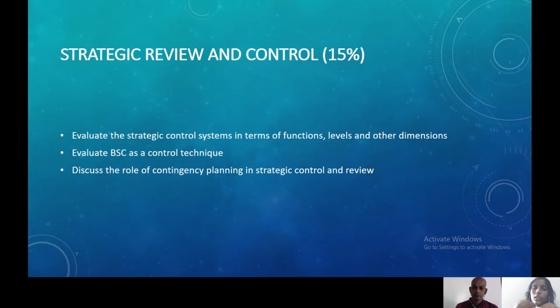And also the contingency plans in strategic control and review. So if your strategy, once you implement it, is not achieving the targets as you expected, then what can you do? These are called contingency planning. We are going to cover all these things in time to come.